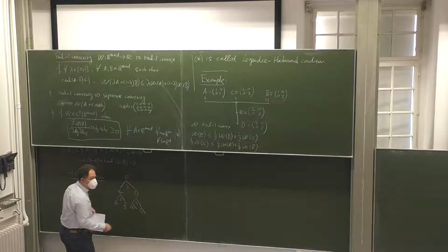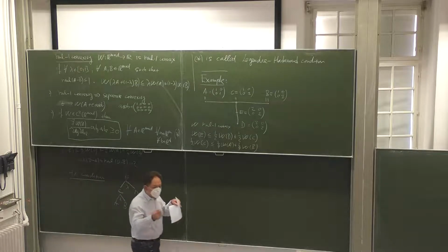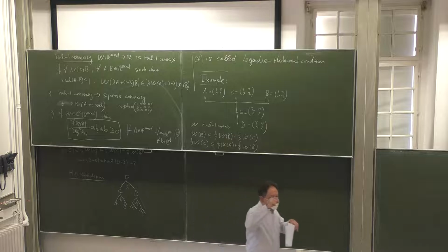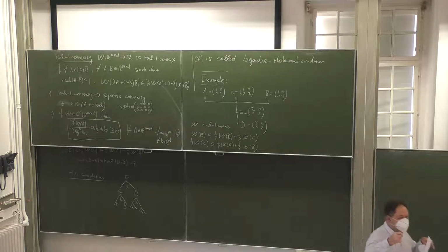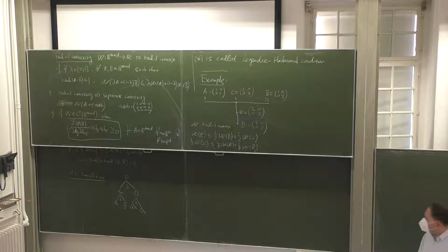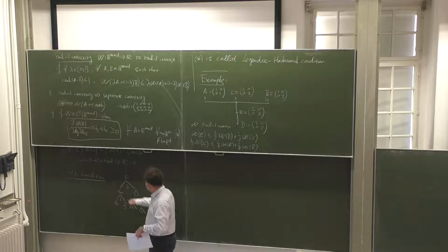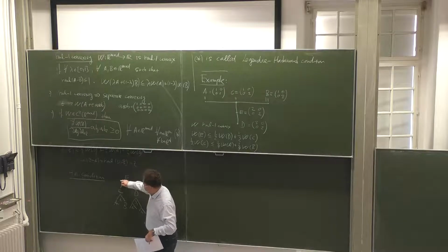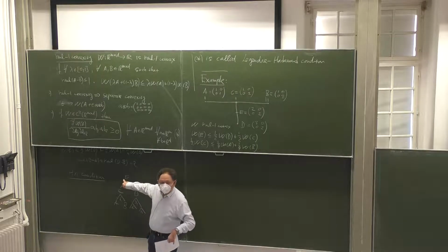So these numbers are always between 0 and 1 because they just tell you the position of your matrix on this line segment. But at the end of the day, if you stop somewhere, this inequality is satisfied for every rank 1 convex function.